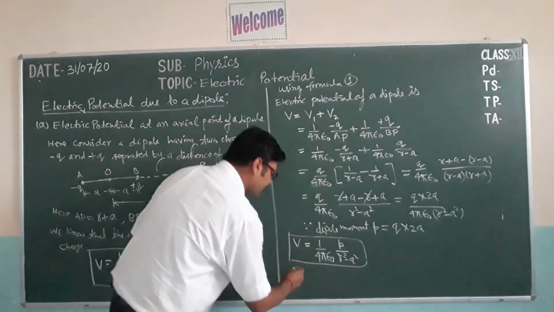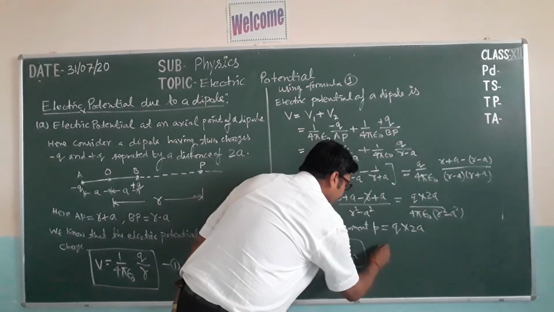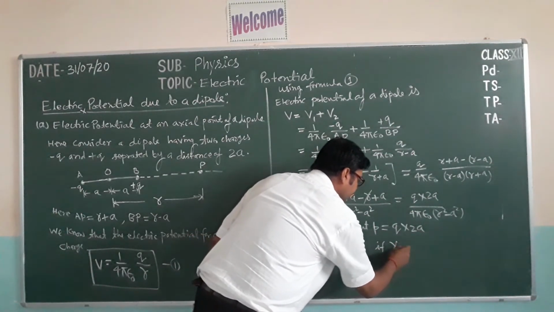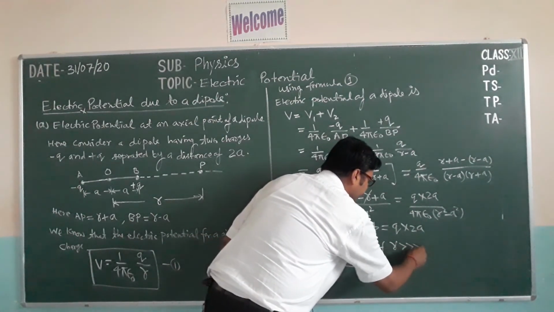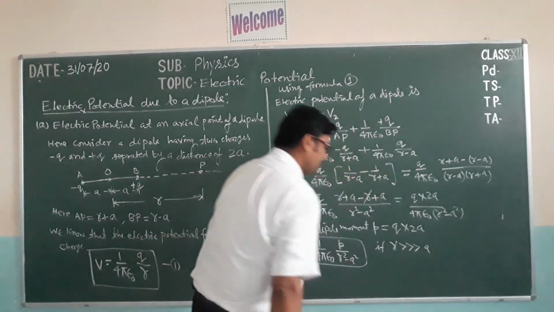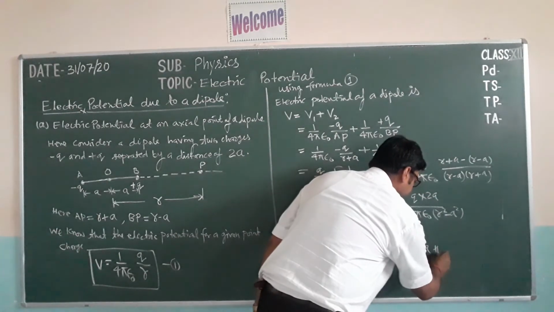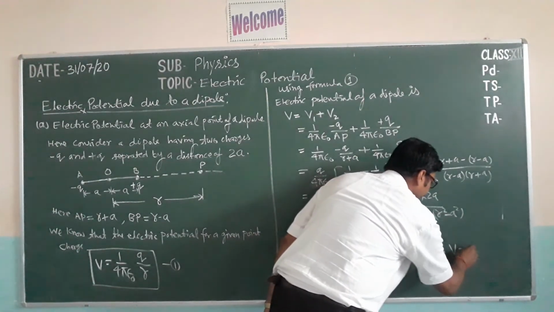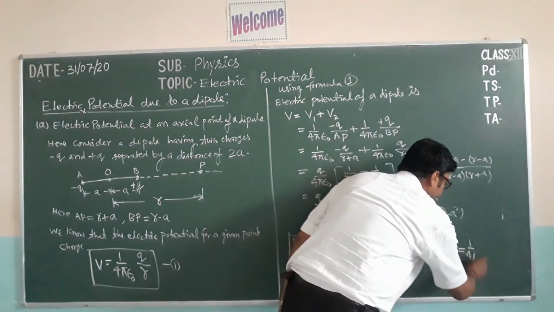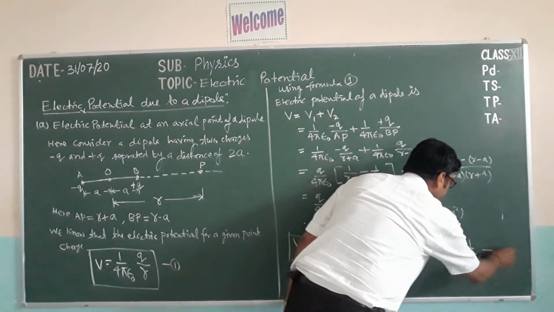But a special case: if r is much greater than a, then the value of V will be equal to 1 upon 4 pi epsilon naught, and what happens?